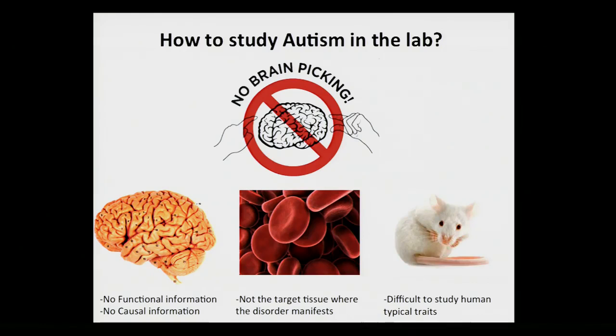Mice can't really talk. On top of that, there are structures in the human brain, many of them implicated in autism spectrum disorders, that are not present in the mouse brain. So you can't really compare.